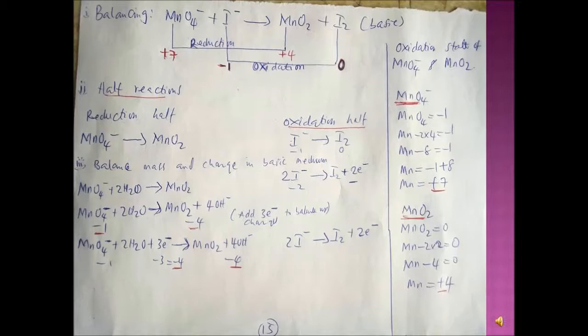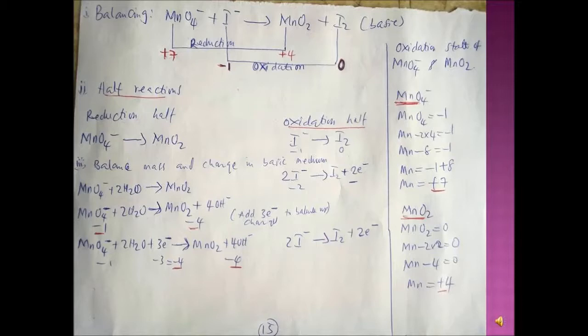Then step 3, balance for mass and charge. Now if you look at it, from the beginning we have seen that the iodide ion is just 1, and the iodine is 2. So you balance the iodide by adding 2 as a coefficient of the I minus here, so that we now have 2 iodine here and 2 iodine here.